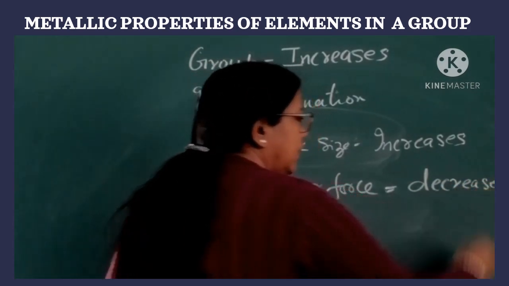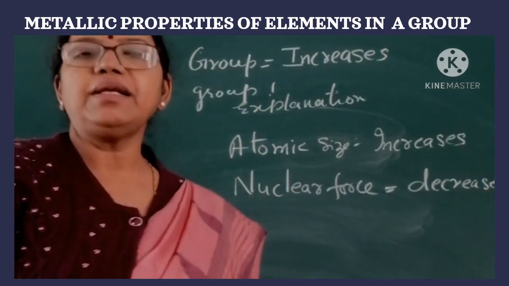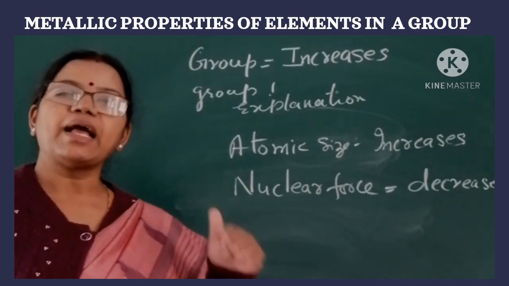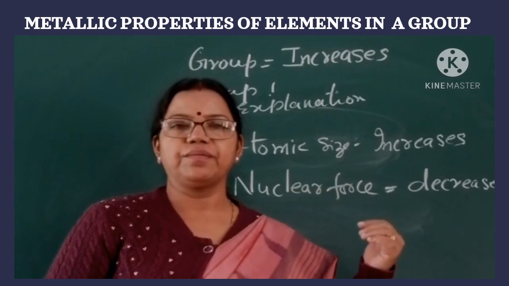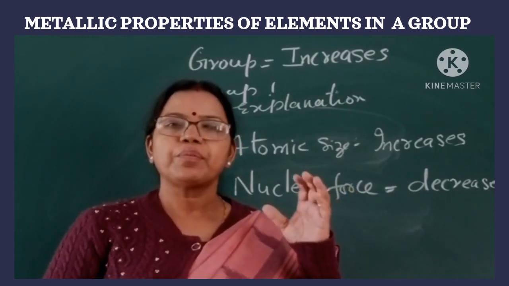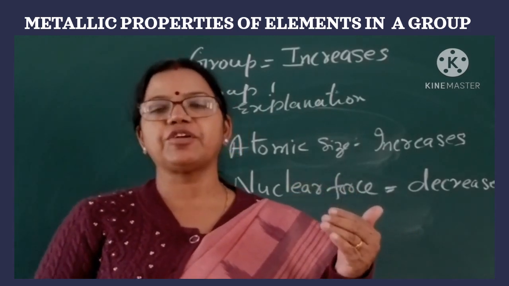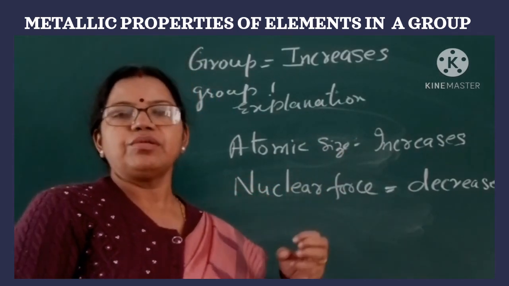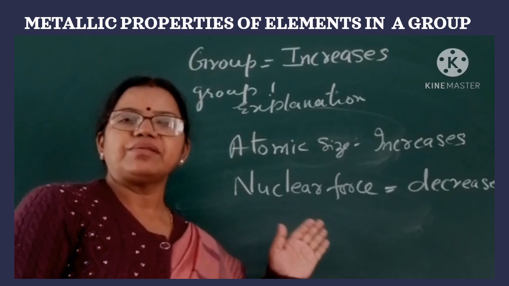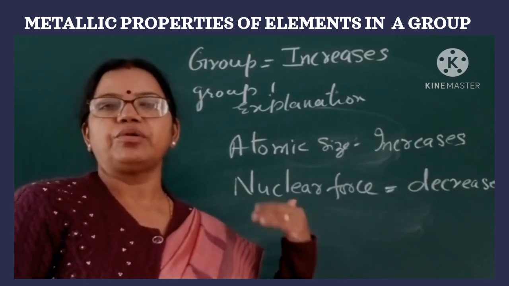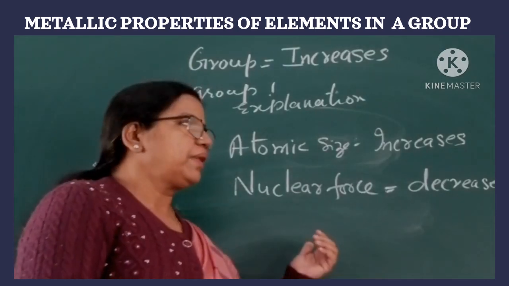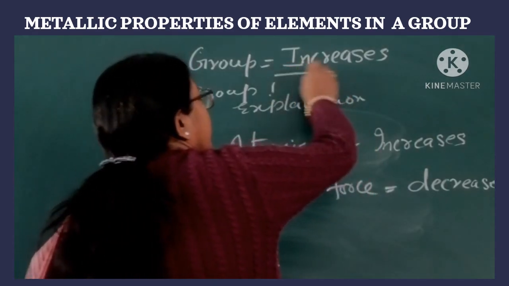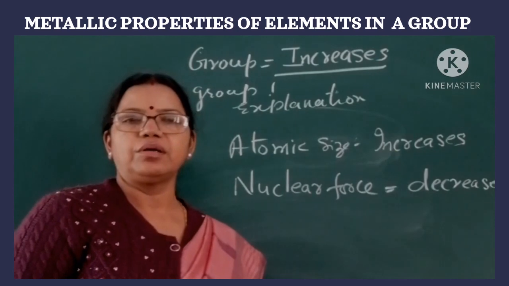And as there is a decrease in the nuclear force, the valence electrons can be removed easily. That means the hold of the protons on the valence electrons goes on decreasing, and this decrease in the hold on the valence shell electrons makes the atoms lose electrons more easily, and hence the metallic property increases from top to bottom in a group.